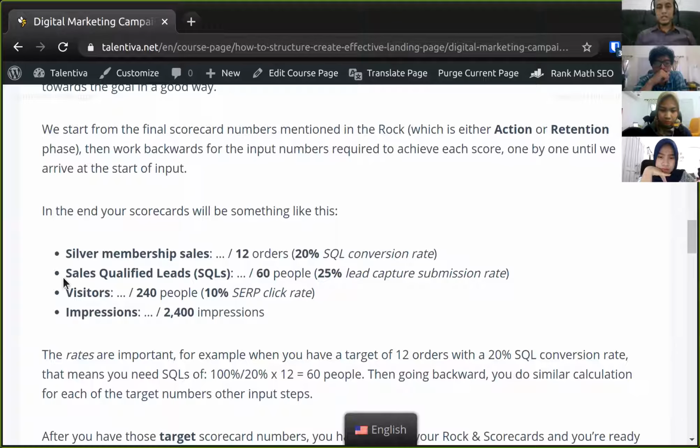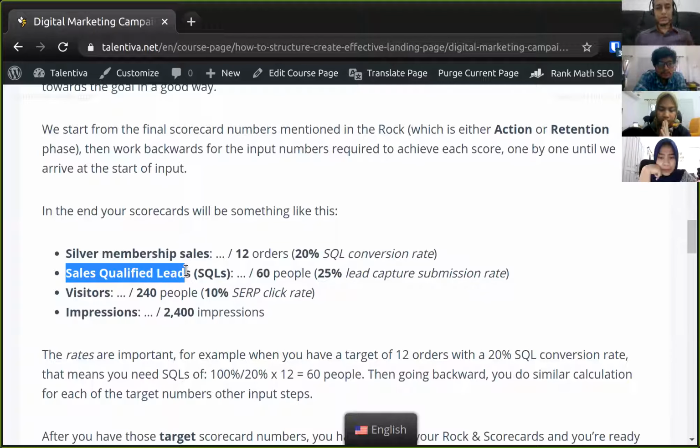SQL means sales qualified leads: a person who is interested in our product, we already have the name and the email or phone number, we can contact the person, and the person has the money to buy the product. So that means it's sales qualified.